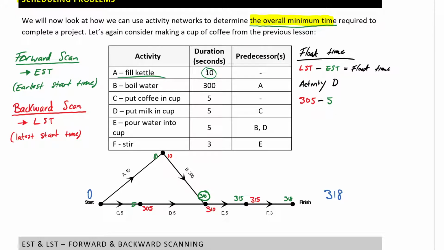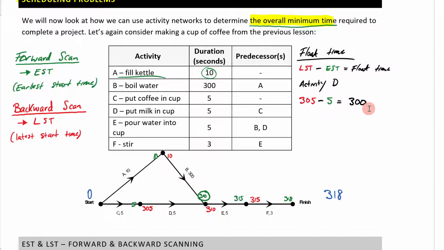So that means my float time here is going to be 300 seconds. So again, what is that telling me? 300 seconds is the float time. What that is telling me is that activity D can start anywhere between 5 seconds and 305 seconds. So activity D has a float time of 300 seconds.